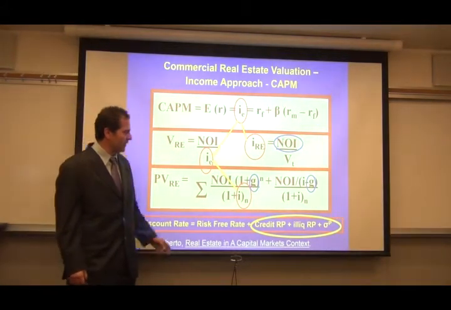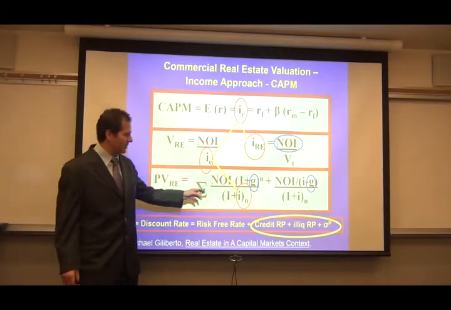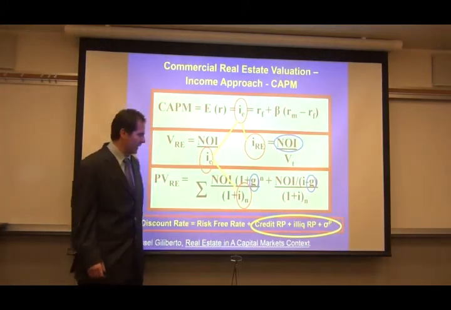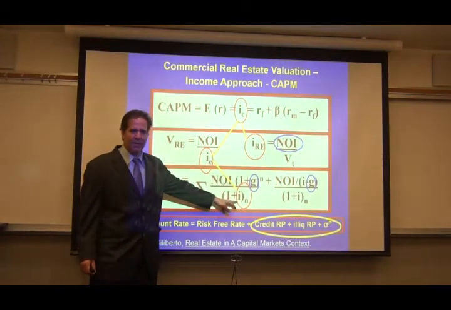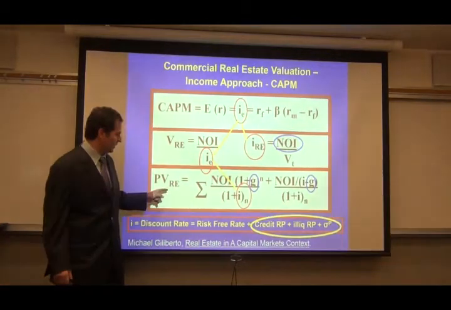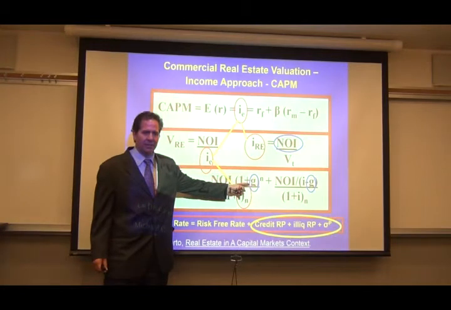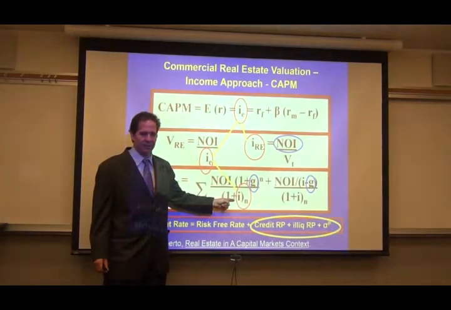The other equation is the discounted cash flow. And again, as you can see, it's the net operating income, the terminal value on the end, but really the volatility comes from the growth rate expectations and the discount rate. So volatility in values really emanates from changes in growth rate expectations and changes in the discount rate.